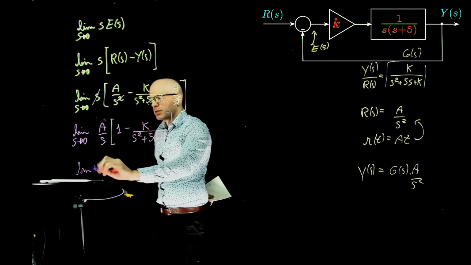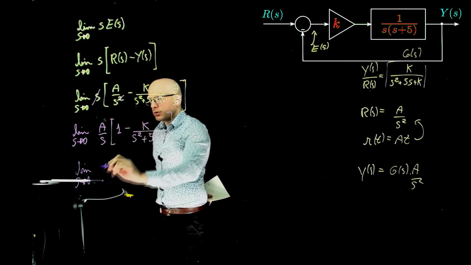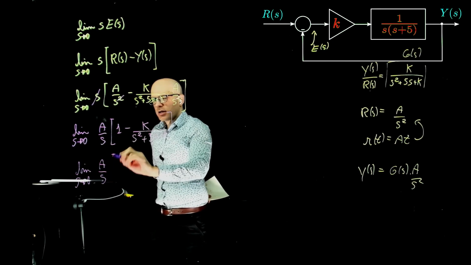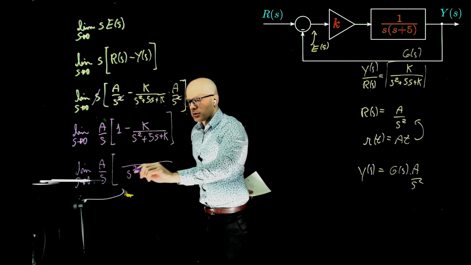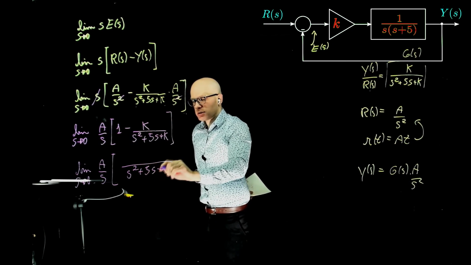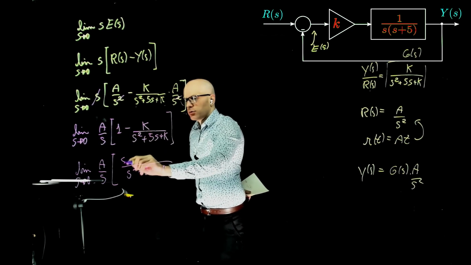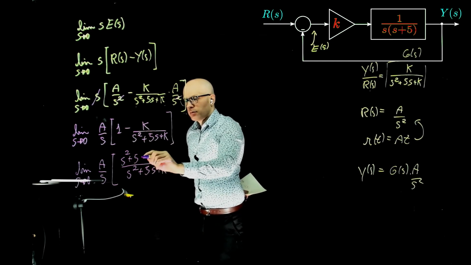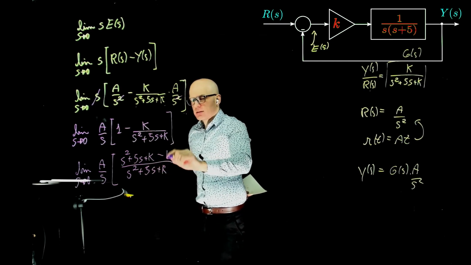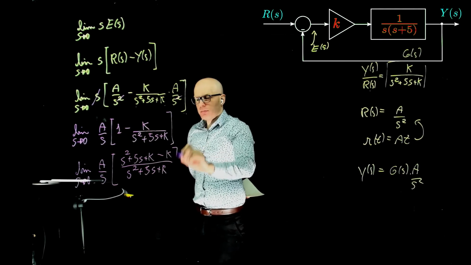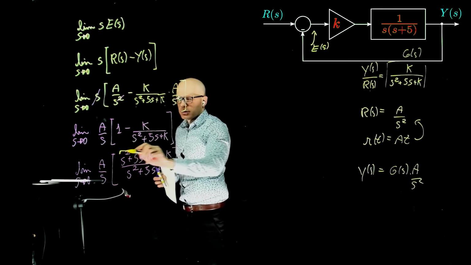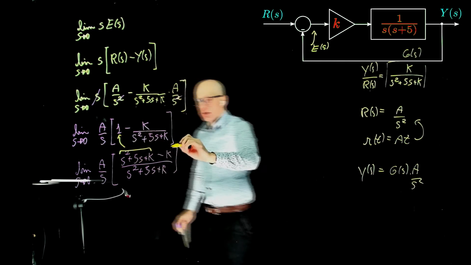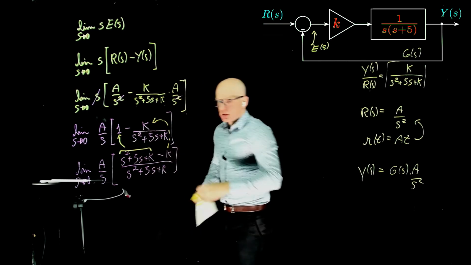This gives the limit of a over s. And now let's find a common denominator here, which is s squared plus 5s plus k. That multiplies 1, plus k minus k. This is that k there. So this part is what multiplies 1, and this k is that k.